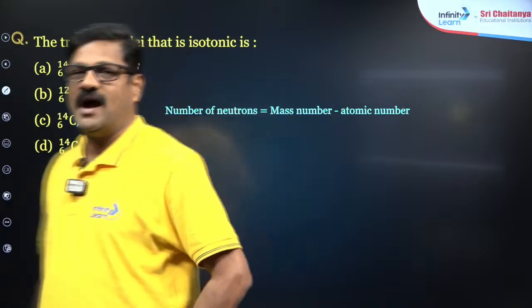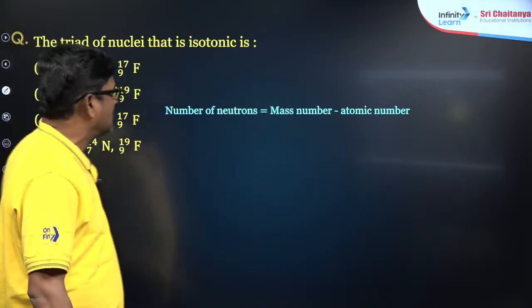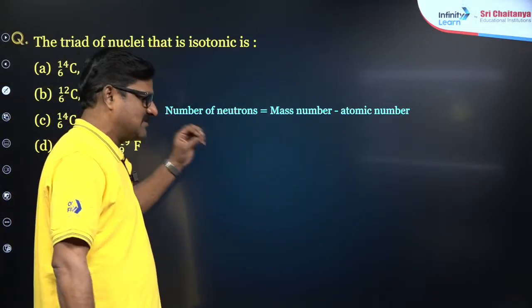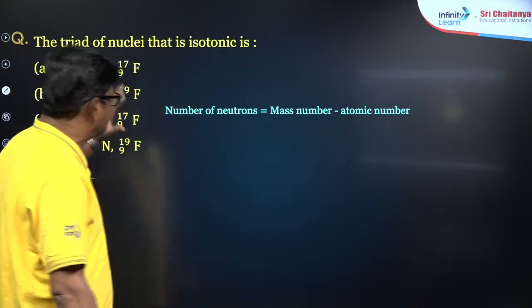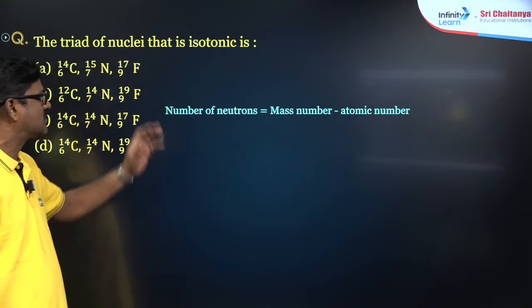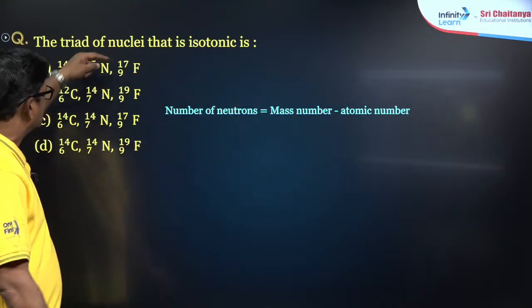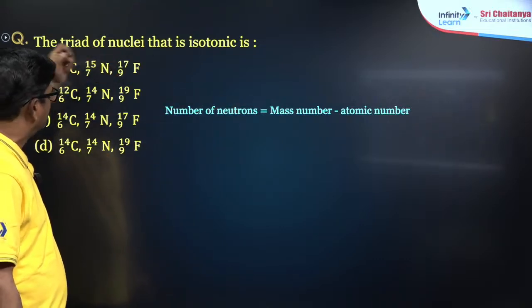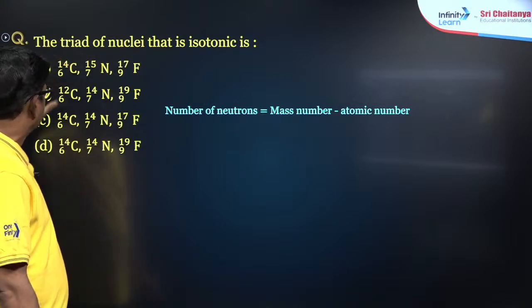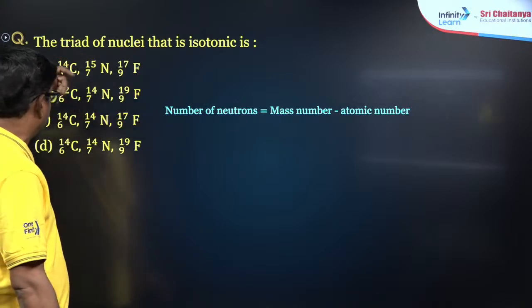Here, what are isotones? Isotones are species with the same number of neutrons. That number of neutrons you can calculate from mass number minus atomic number. So this is your mass number, this is atomic number. For every species, this subtraction should be the same.